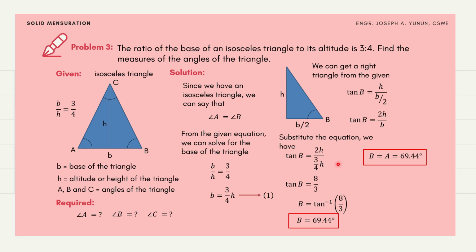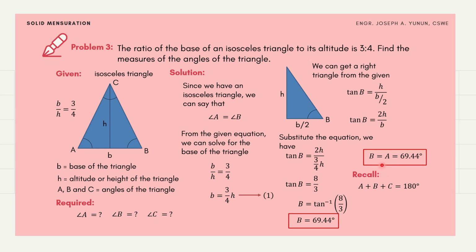Now solving for the last unknown angle, you can recall that the sum of interior angles of a triangle is 180 degrees. Again, I repeat, the sum of the interior angles of a triangle is always 180 degrees.